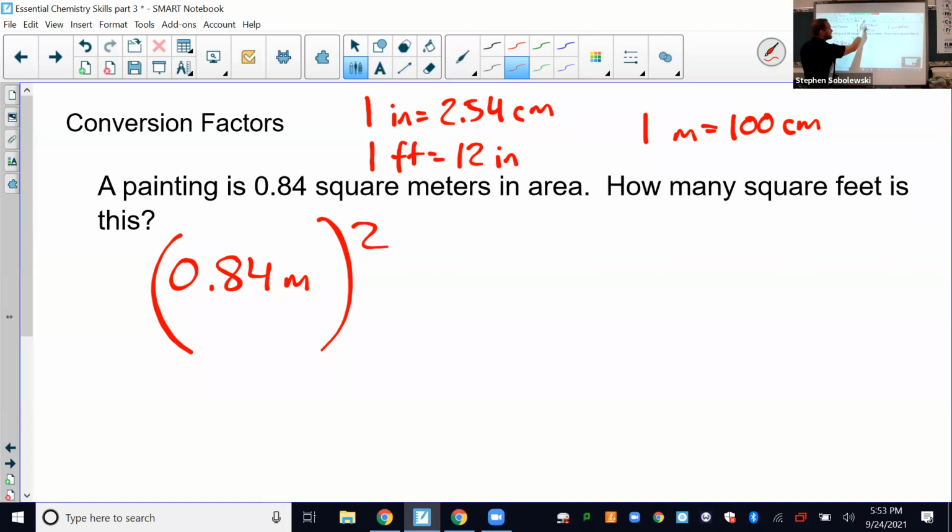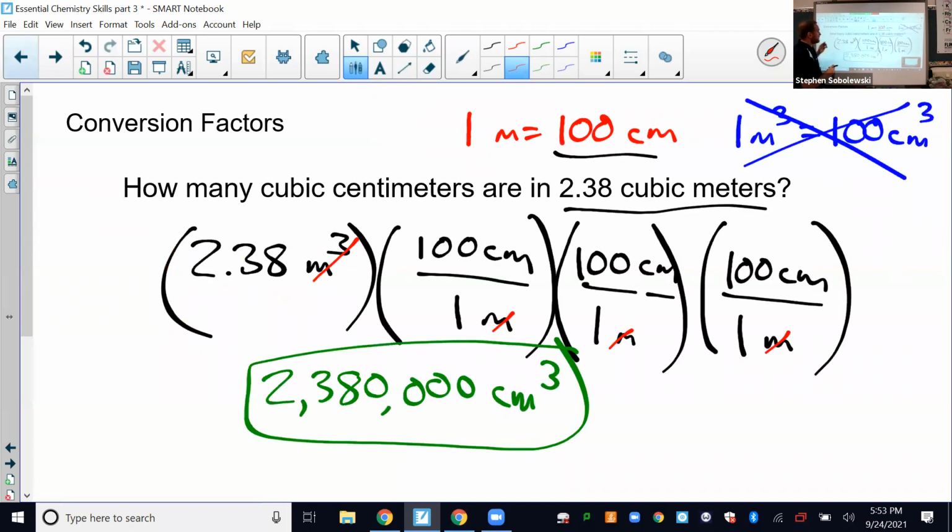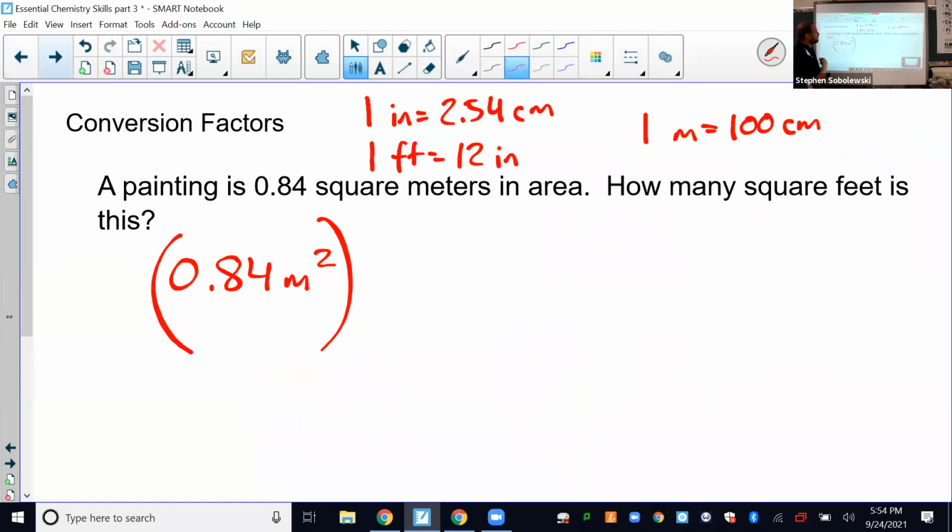If the problem tells you you have square meters, you already have square meters. So put the square inside. Just like this problem, I started by putting the cube inside the first parentheses on the left. If I put the cube outside, I would then multiply by 2.38 and then again by 2.38 and get the wrong answer. Okay, so 0.84 meters squared.